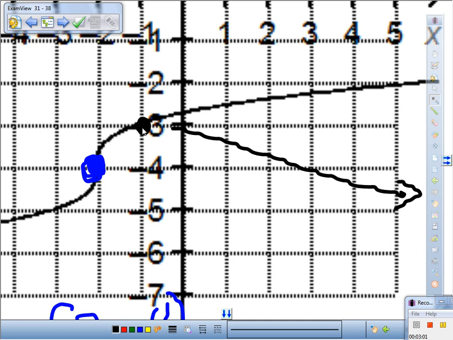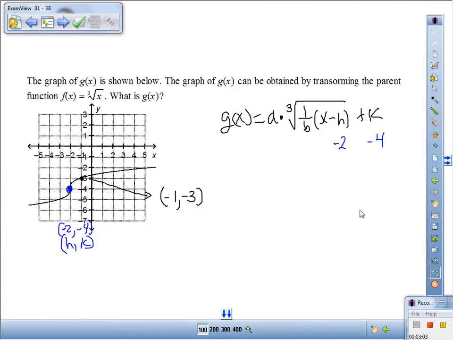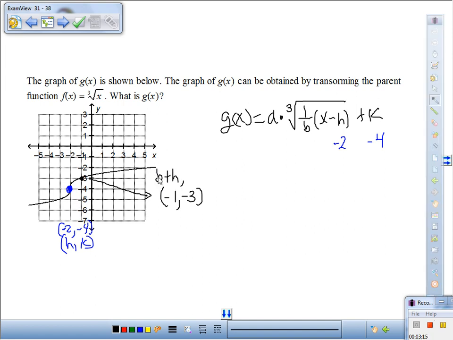So I'm going to pick this point, and that's why this becomes negative 1, negative 3. So since we need to figure out A and B, that means I need to write what? B plus H, comma, and A plus K. Does that sound familiar? Yeah, right? We've been doing this with all the other functions.